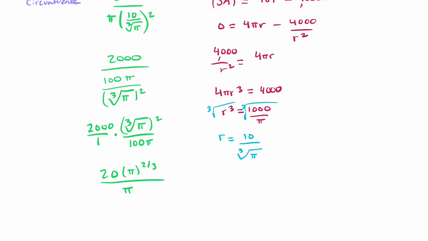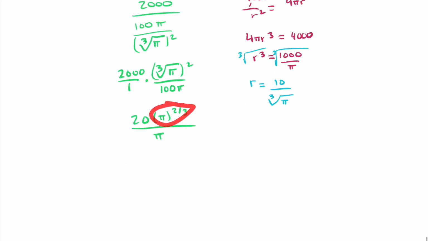When we start to clean this up, 2,000 divided by 100 is 20. Pi stays in the denominator, and this is 2/3 pi. We can also just call it 20 over pi to the 1/3.